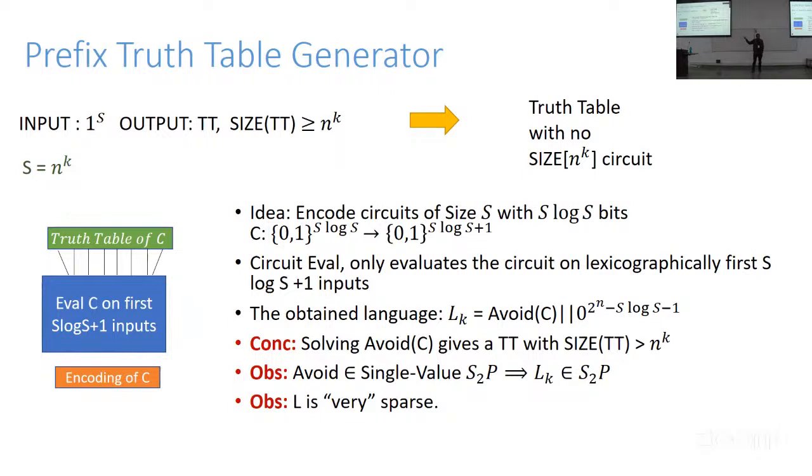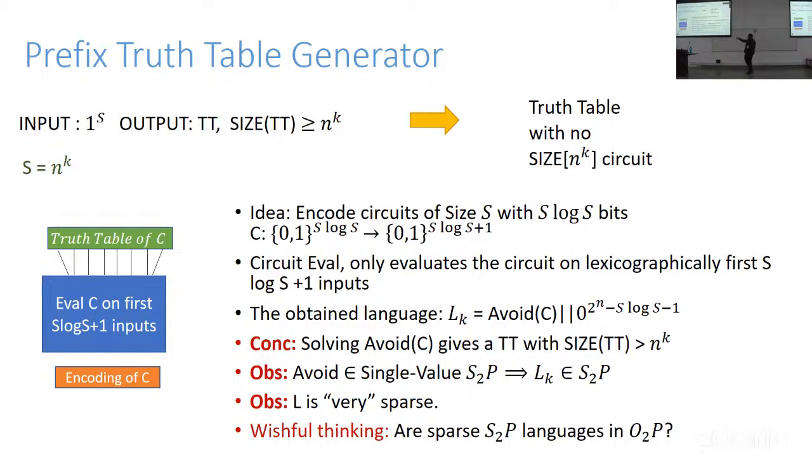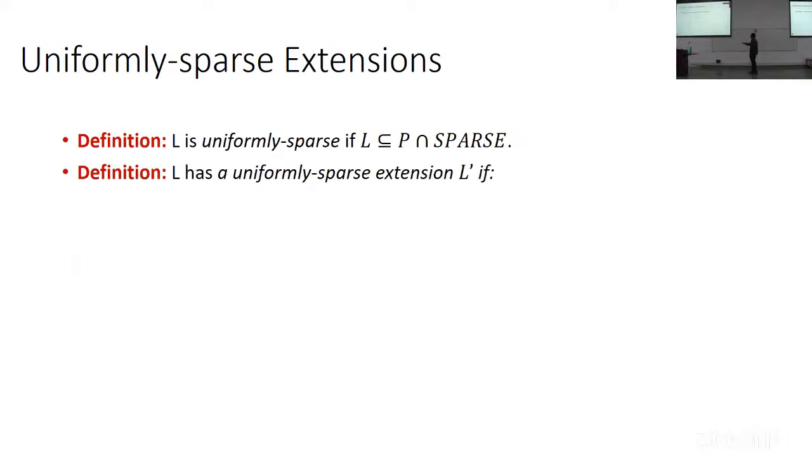So can we somehow use sparse S2P languages in O2P? Can we show something like this? That's exactly what we show. We define this notion of uniformly sparse. It's a sparse language, which means that there are very few yes instances, polynomially many, and it's also in P. And we say that a language has a uniformly sparse extension when I can embed my L_k, my language, into a uniformly sparse language.